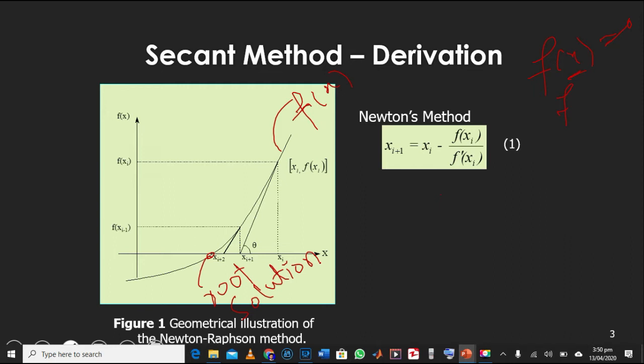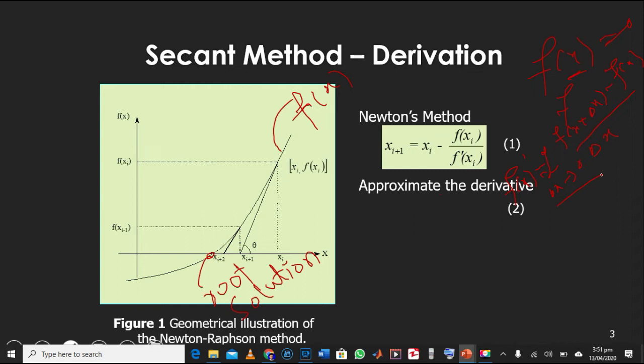And also in the derivatives lecture, we discussed that the mathematical definition of f prime of x is equal to the limit as del x tends to 0 of f of x plus del x minus f of x, divided by del x.